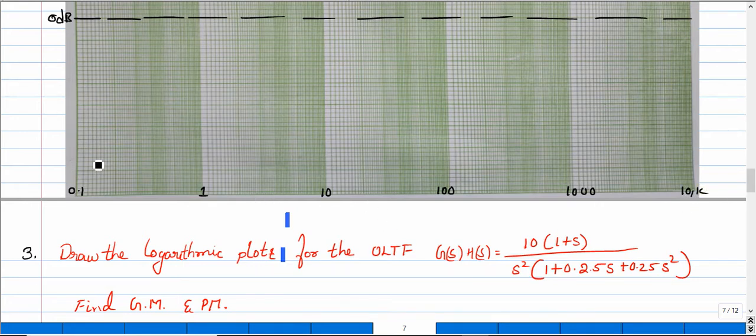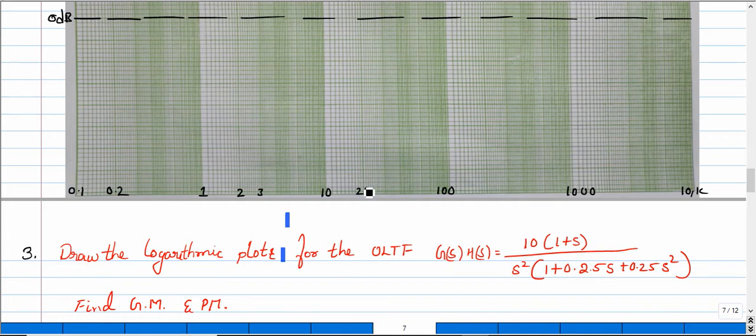How to understand the value? 0.1, the second will be 0.2. So total 10 divisions, it will be 1. Next division is 2, 3, and at 10 divisions it is 10, then 20.